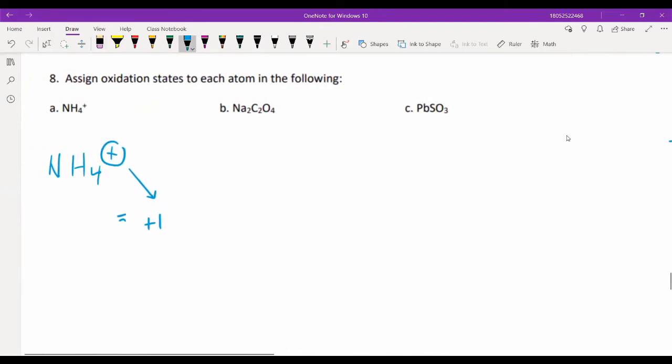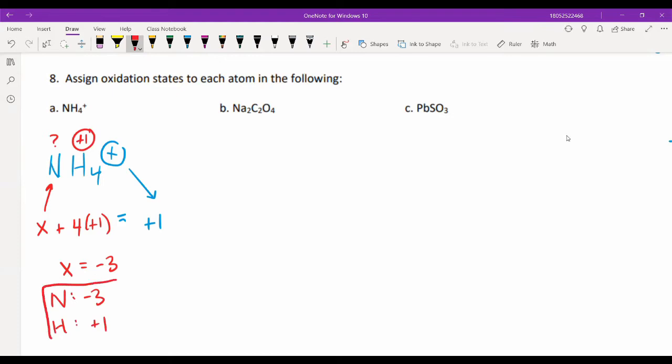So we can assign hydrogen as +1, and we have 4 of those, that's 4 times +1. If we don't know nitrogen, we can just call it X. Nitrogen is an unknown, but I know there are 4 hydrogens, and that has to add up to 1. Let's solve for X. X has to be -3. So when you answer this, you would say nitrogen is -3, hydrogen is +1.